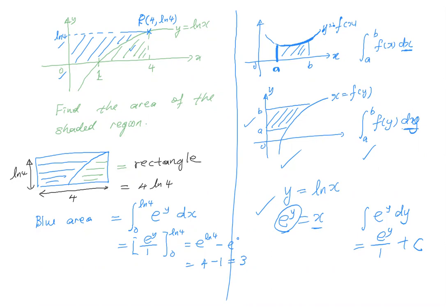So my green area will be the rectangle minus the blue area. Am I right?